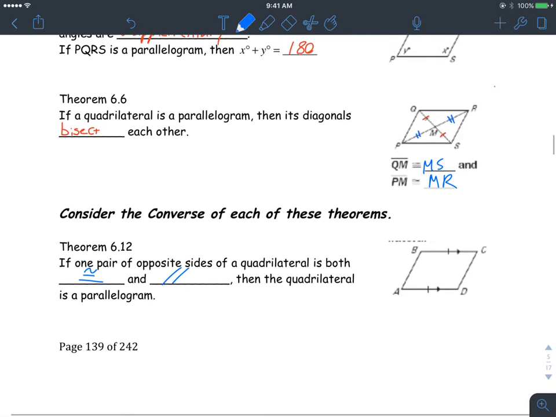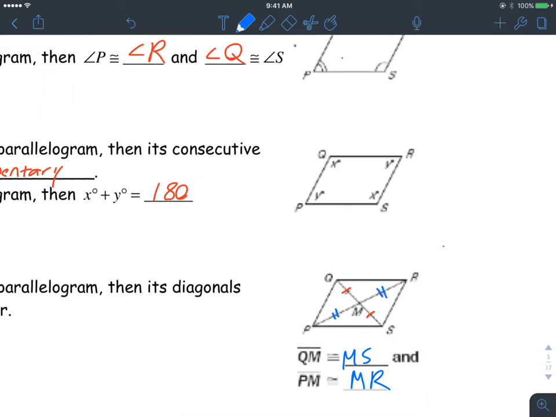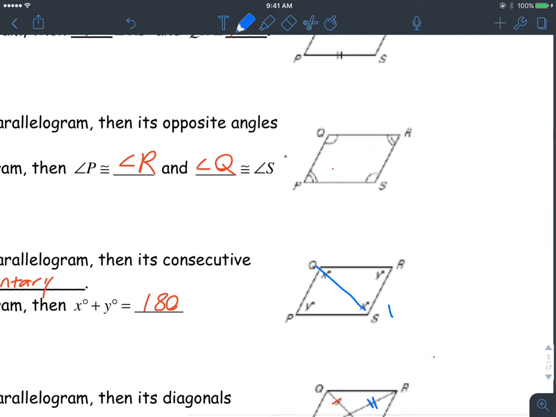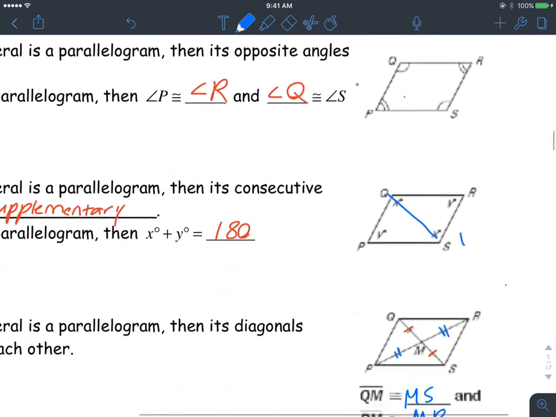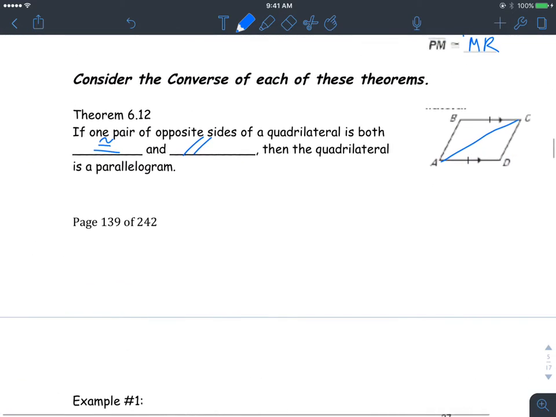And by the way, I kind of forgot to mention this. You can prove all this stuff by drawing maybe a segment in between, and then you're going to prove triangles being congruent by side angle side, that type of stuff. So that's how you prove all of these theorems.